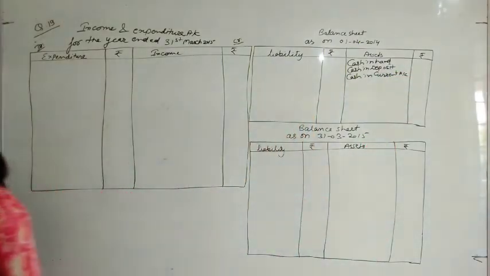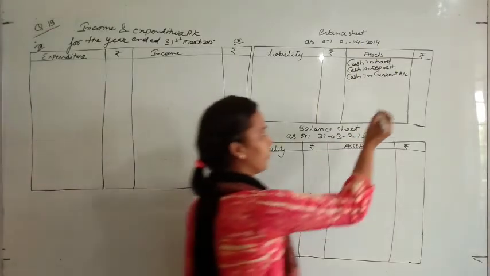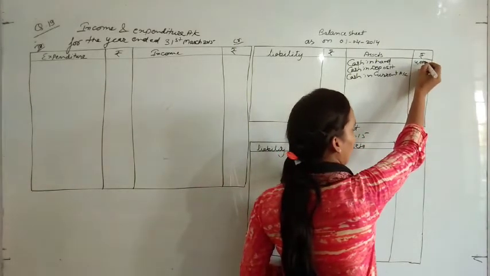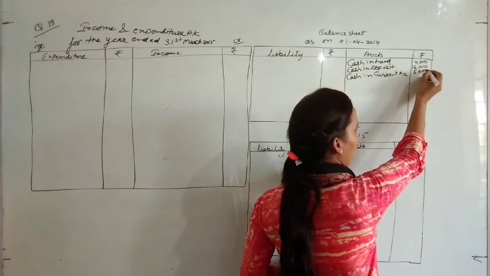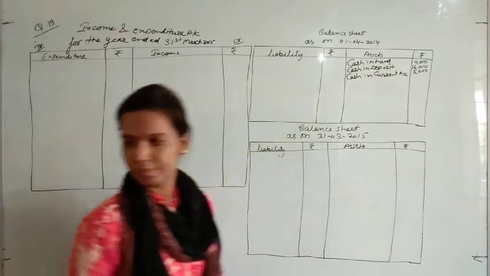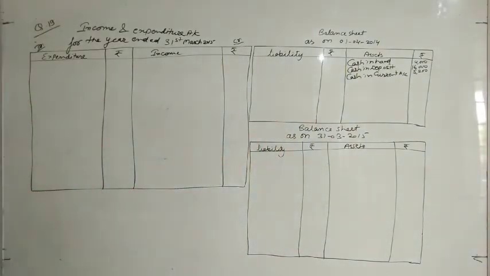What are the amounts of these items? 4,000, 16,000 and 5,200.